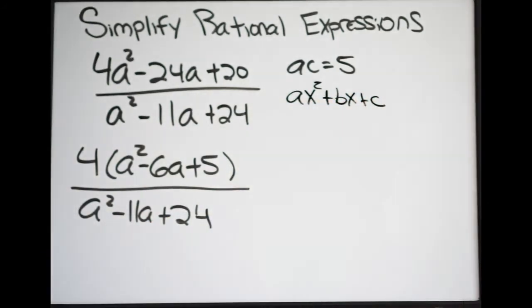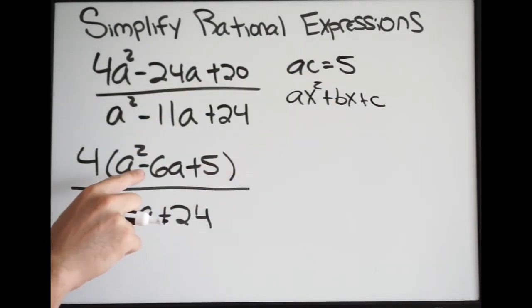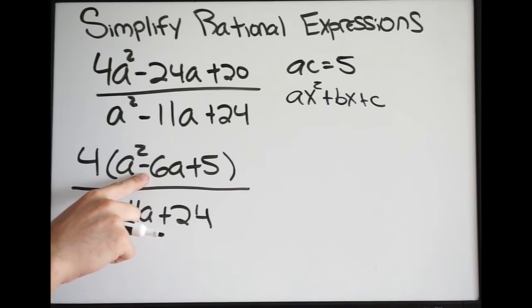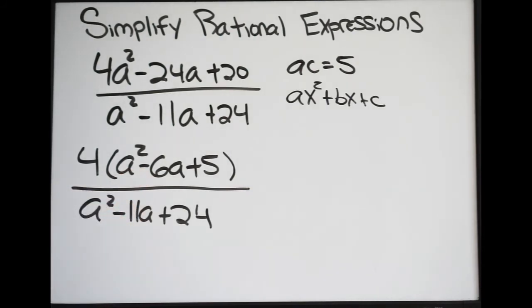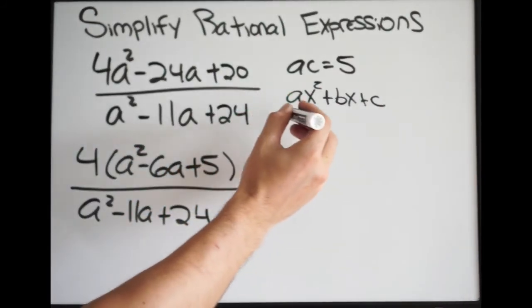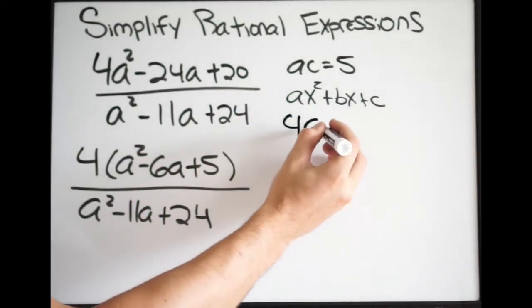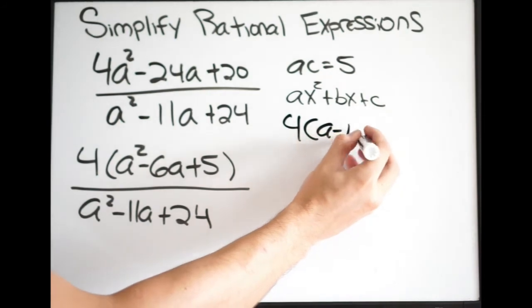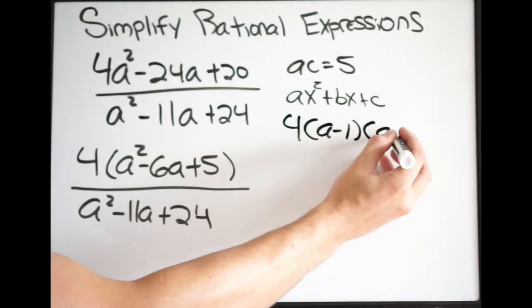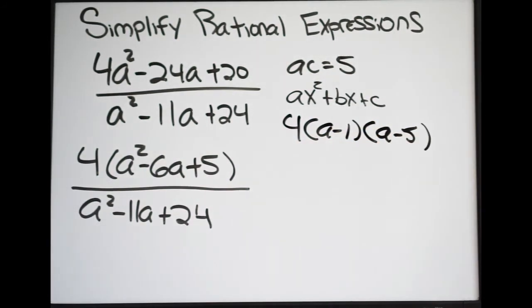This is a quadratic in standard form. Okay, so we should be familiar with this. So again, two numbers when they multiply will give me 5, but add up to negative 6. Okay, and that's going to be negative 5 and negative 1. So we can go ahead and factor this the following way. We can say 4, and then in parentheses, a minus 1 times a minus 5.